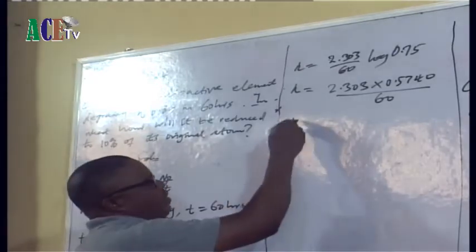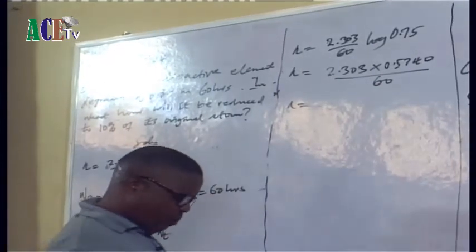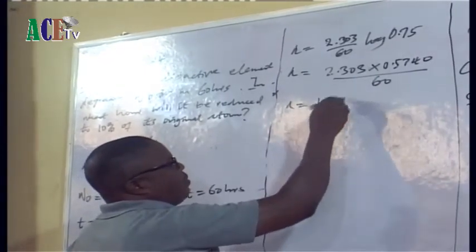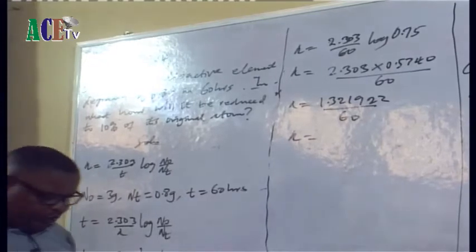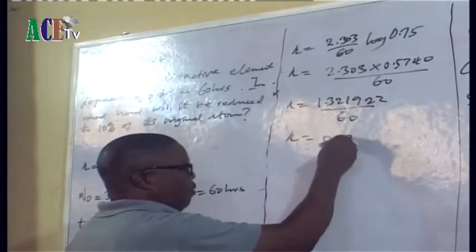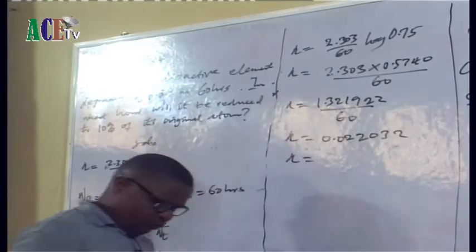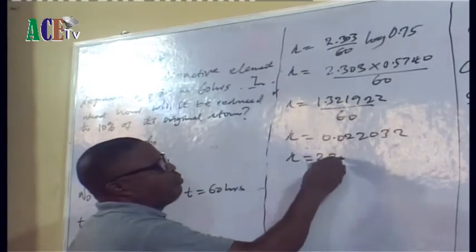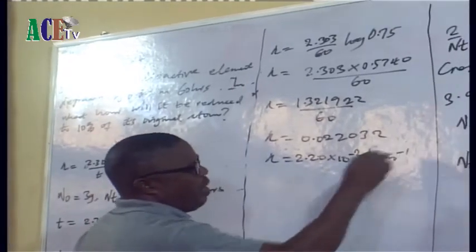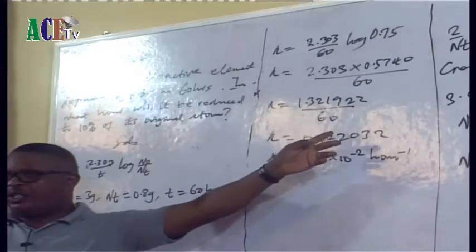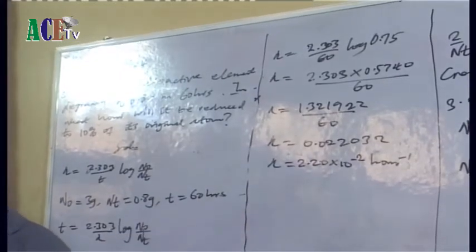That gives 1.321922 divided by 60, so my lambda is equal to 0.022032. Taking this to exponential form, lambda is 2.20 times 10 raised to the power minus 2 per hour.